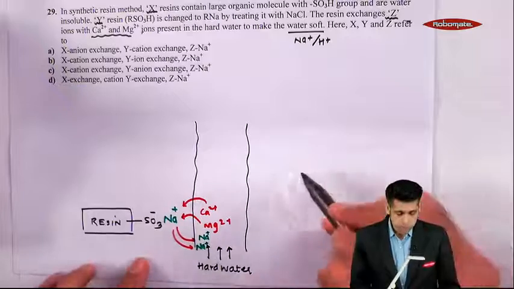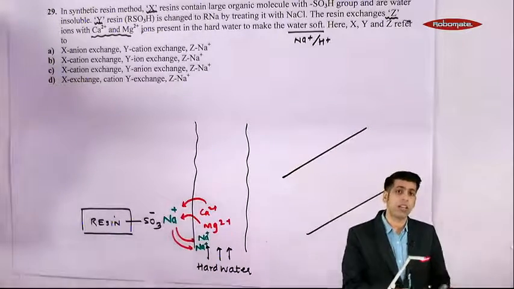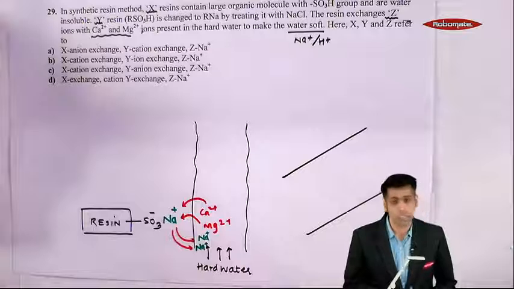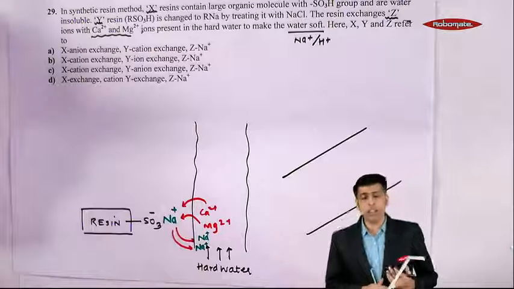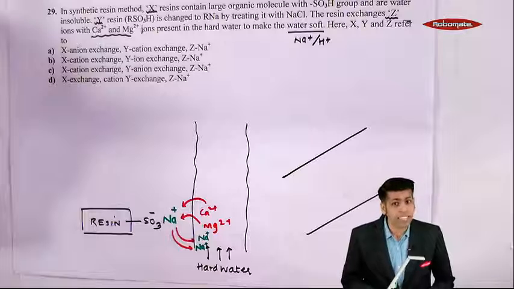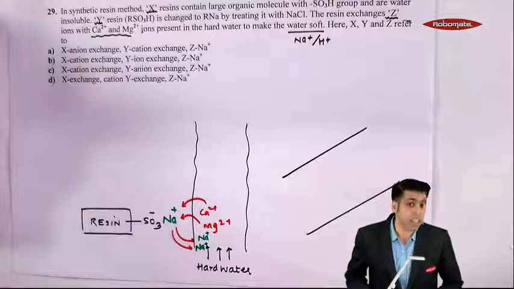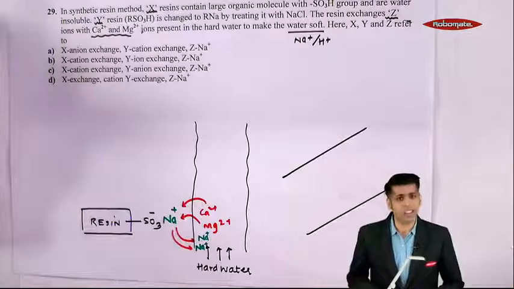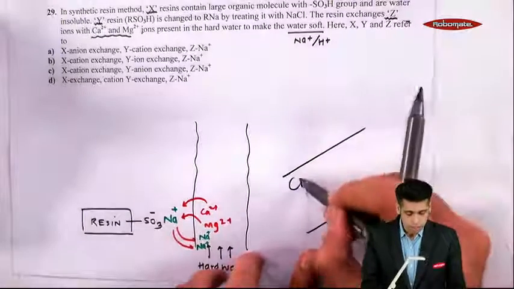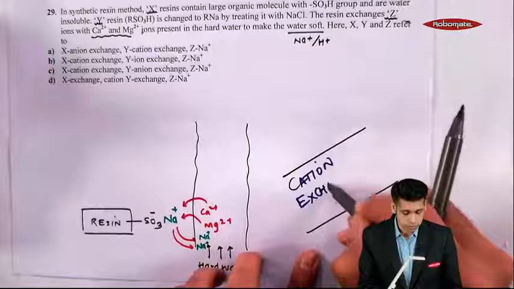Well students, such kind of resins which give out Na+ cation and in return they take in the Ca2+ and the Mg2+ cation. So don't you think they are exchanging one cation for another cation? So they are termed as cation exchange resins.